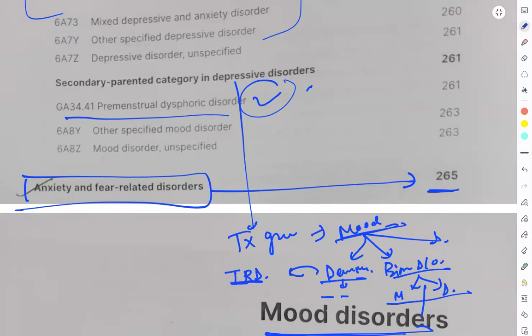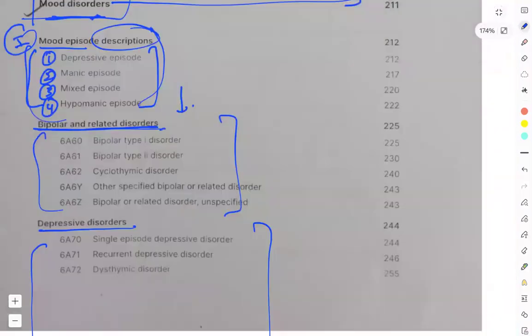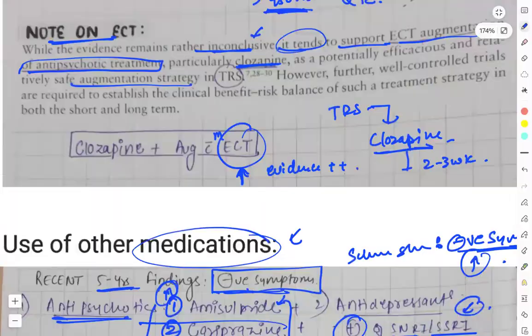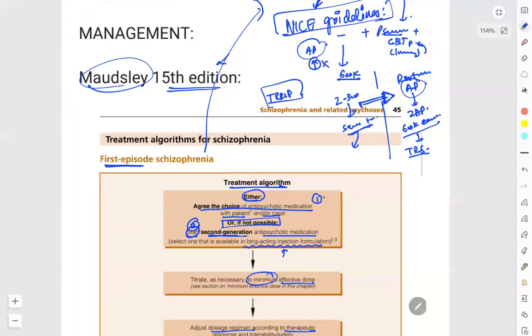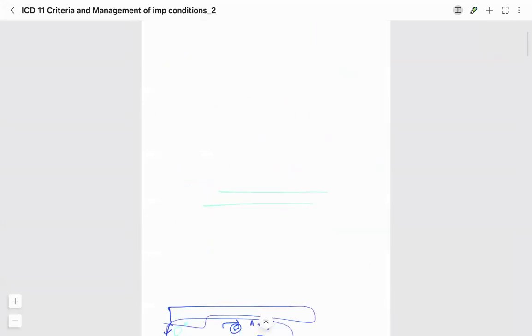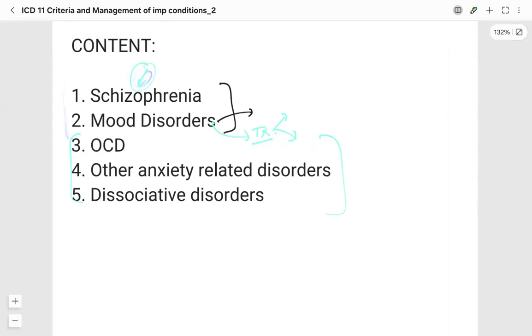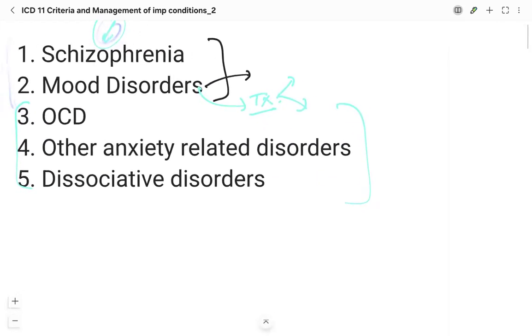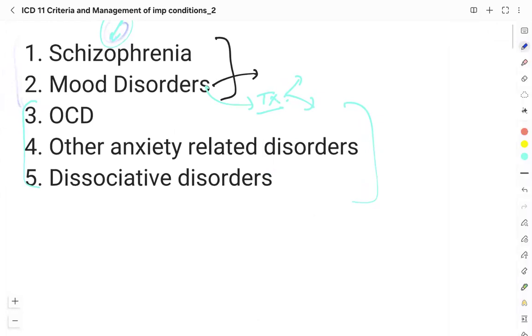Then we will go on to discuss the other things that we needed to discuss in today's class. We will discuss other anxiety-related disorders. We will also discuss OCD and dissociative disorders.